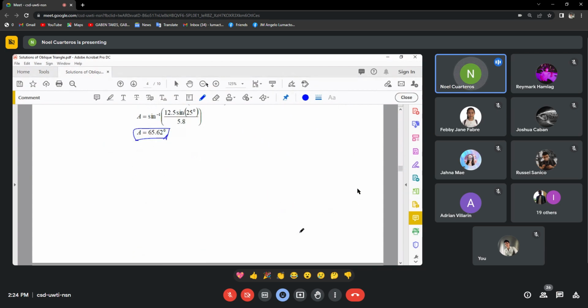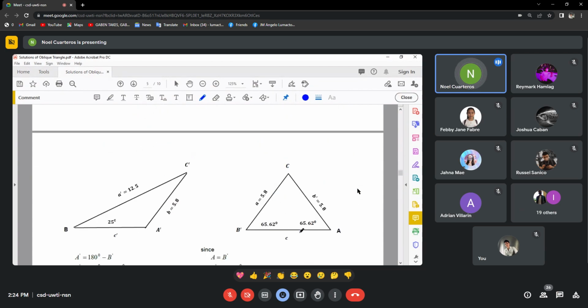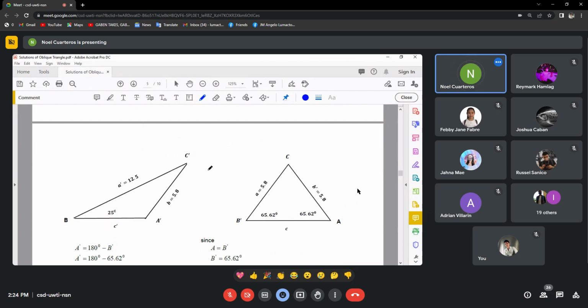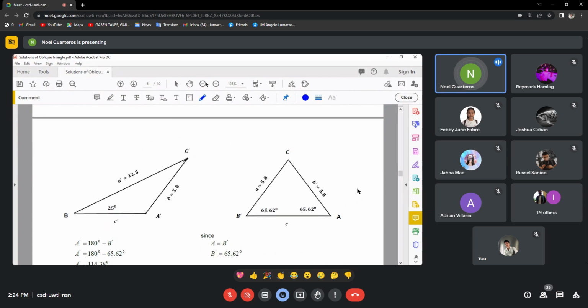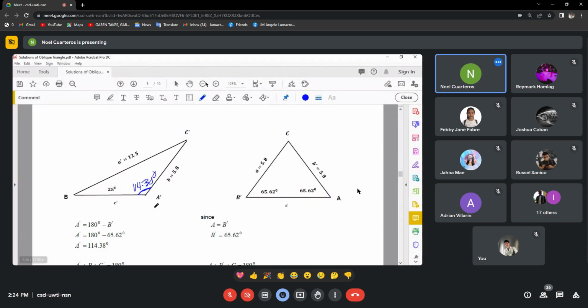So, mao na siya diri class, no? Atong separate, okay? Mao ni siya ang isa ka portion sa triangle. Okay? Kini mao na itong gi-compute ta ganina. We call this one as 114.38 degree. Naa ray solution.